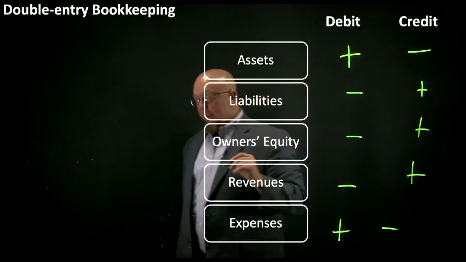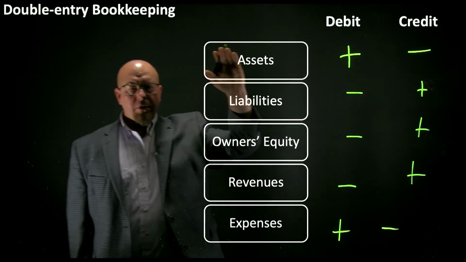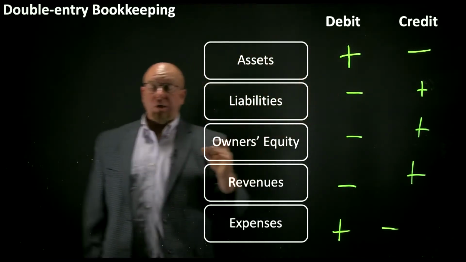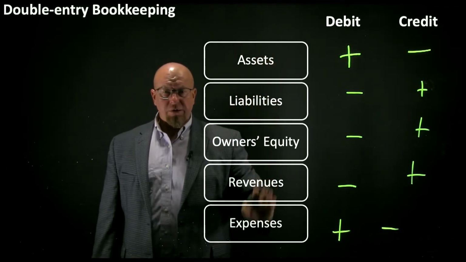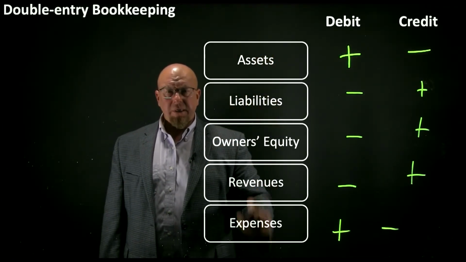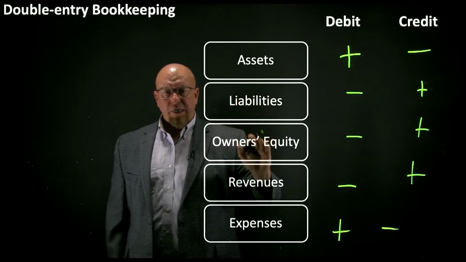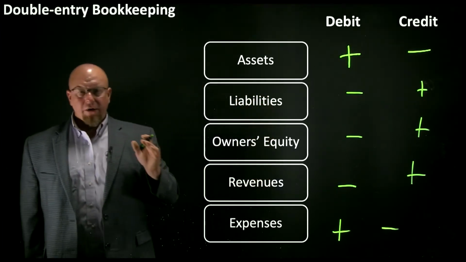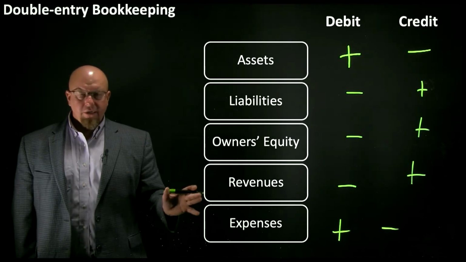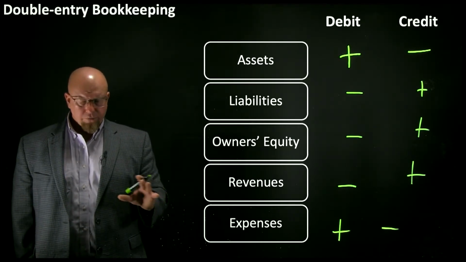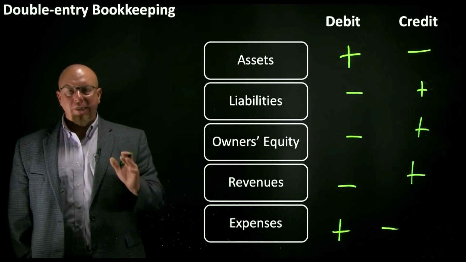So memorize what happens to cash. That will let you remember what to do for any asset account. Then just understand that expenses behave the same, and liabilities, owner's equity, and revenue accounts are exactly the opposite of assets and expenses. That's the easiest way that I can think to have you remember the debit and credit rules.